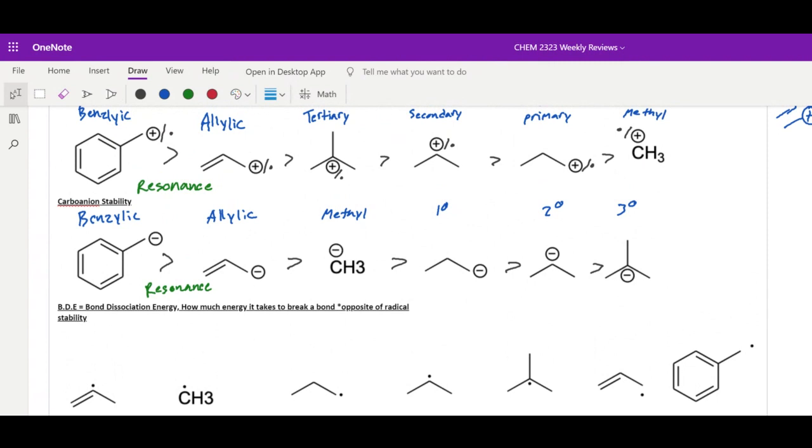carbocation and carbanion stability. That's going to be the first structure we see in the BDE example. We have a double bond and a charge directly bonded to that double bond. So hopefully in lecture you guys have already talked about this.